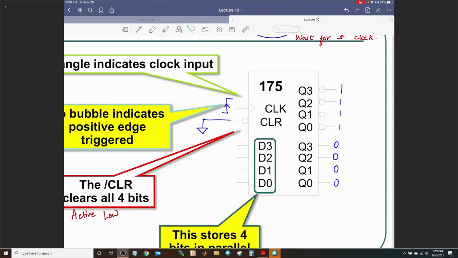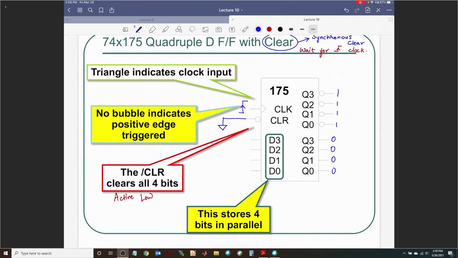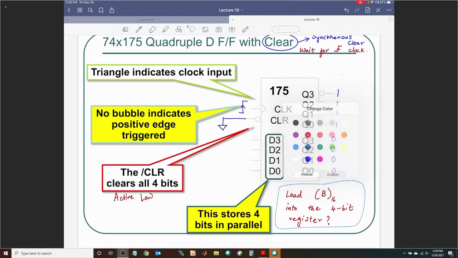Now let us try another example, which is to load a B in hex into the 4-bit register. What should I do here? B is 1011.